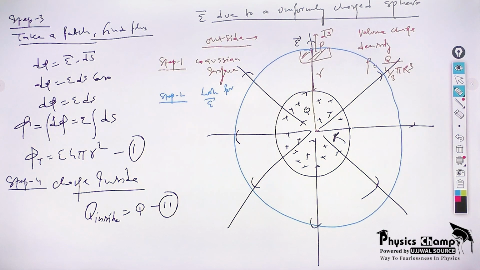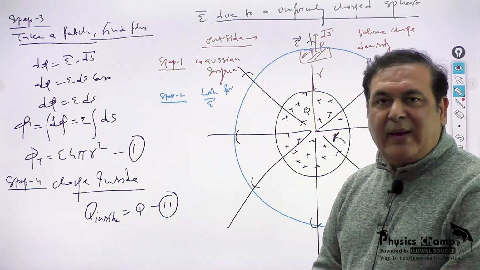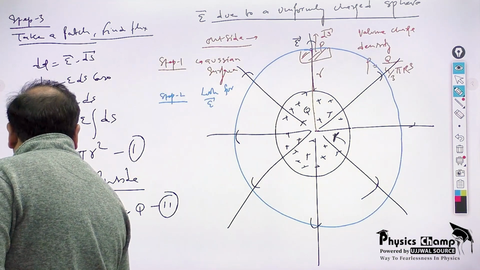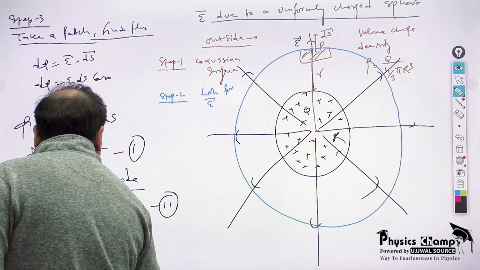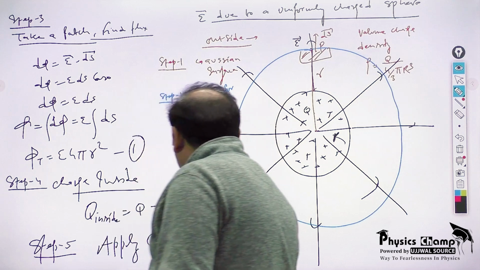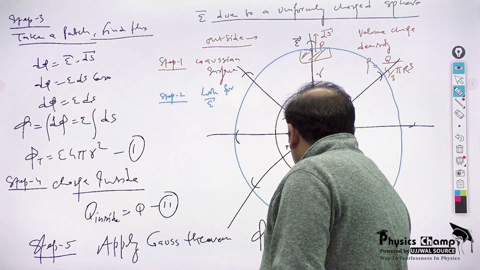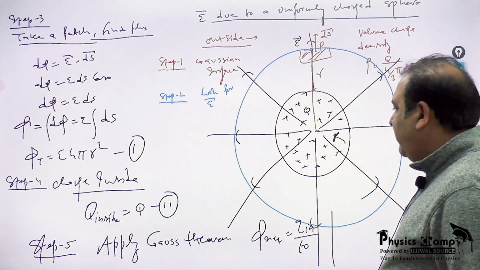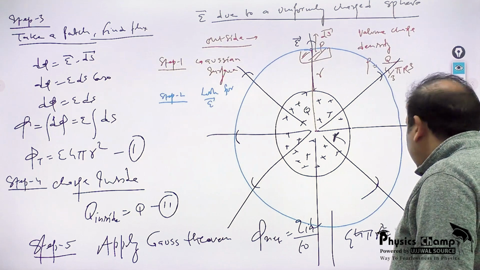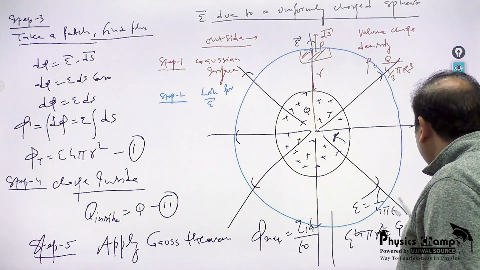Now step 5, we apply Gauss theorem, which says net flux is equal to charge inside by epsilon naught. So net flux E into 4 pi r square is equal to charge inside Q by epsilon naught. So you have electric field which is 1 by 4 pi epsilon naught Q by r square.